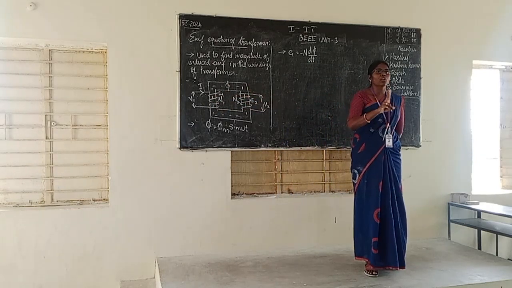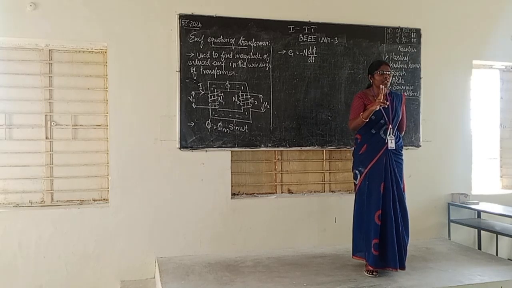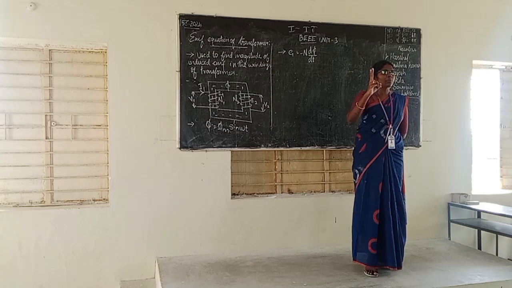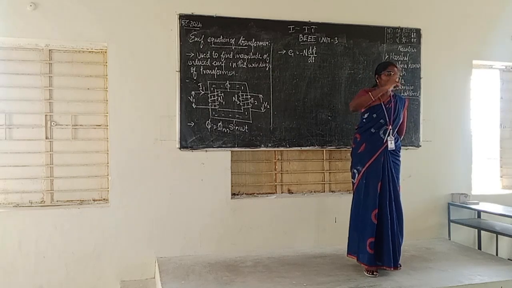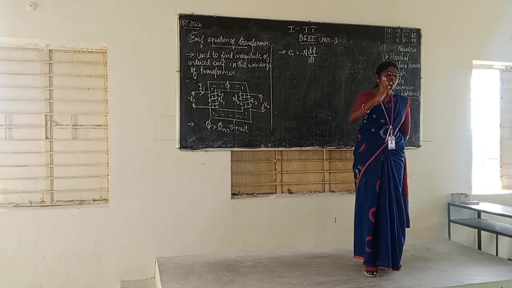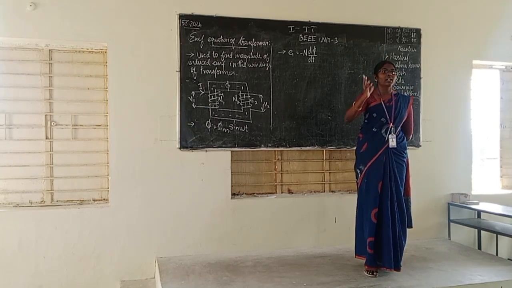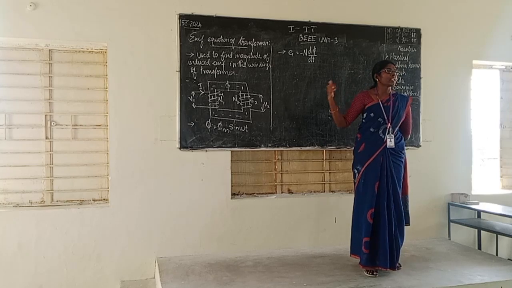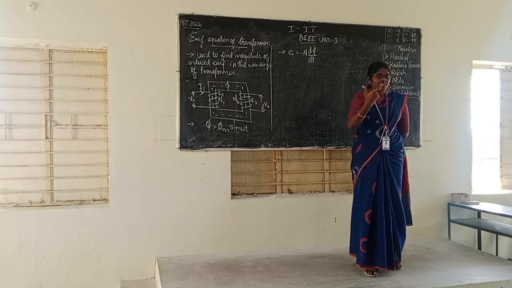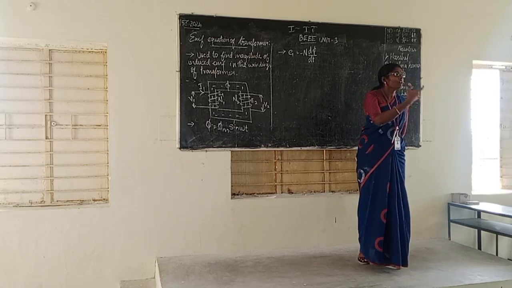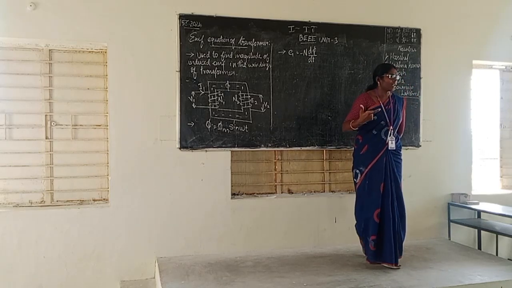In the second unit, in DC machines, we study conversion: if it is a DC motor, it converts electrical energy to mechanical energy; if it is a DC generator, it converts mechanical energy to electrical energy. Here in the transformer, as the name indicates, it transfers the alternating voltage from one circuit to another.